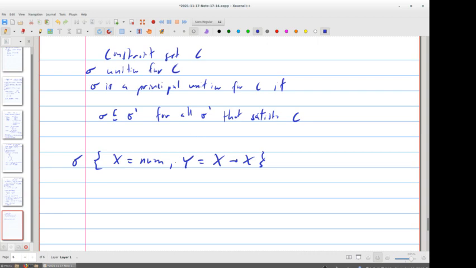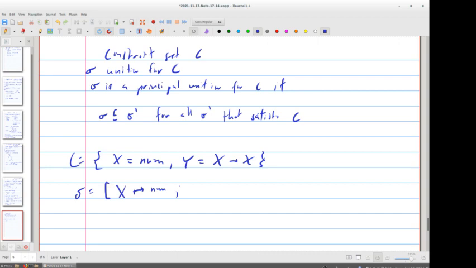Let me erase that sigma. Say this is C. Well, from this first equation, there's only one way that we can make this satisfied, which is by setting x to num. We're forced to make x num here, so we're going to have to map x to num.